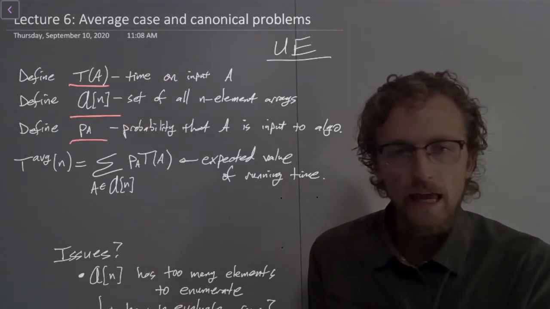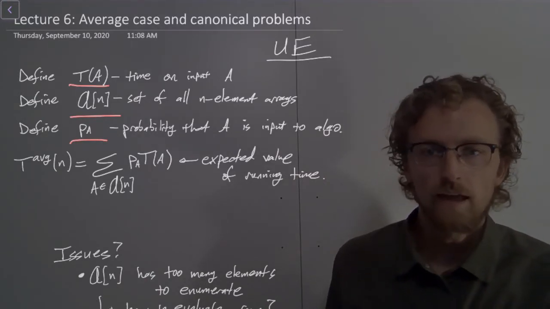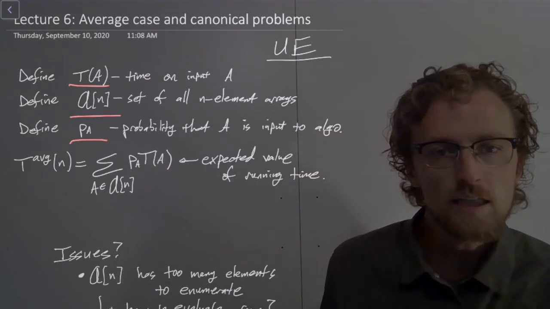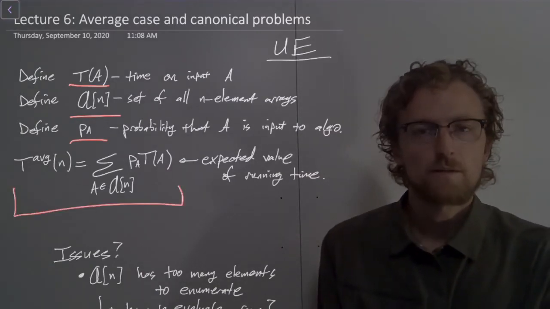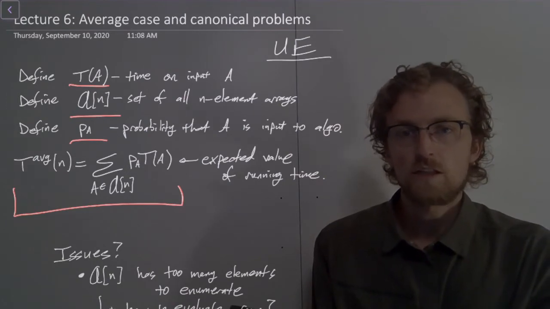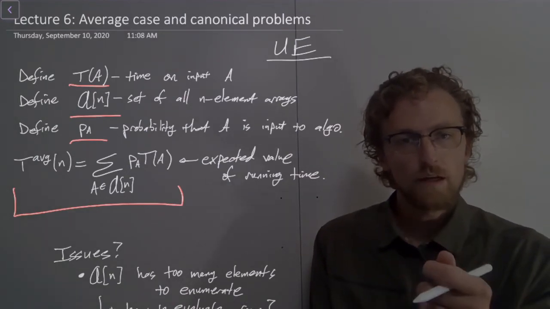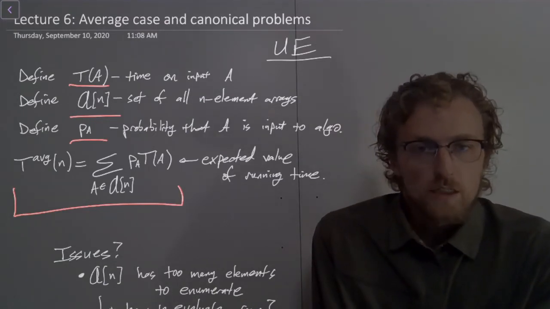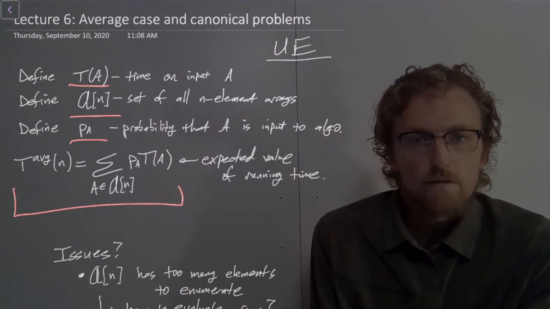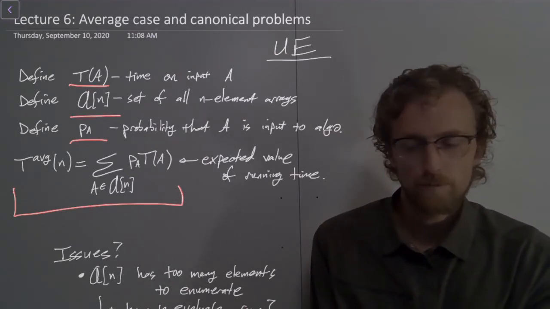P sub A is the probability that array A is the input to the algorithm. And then our average case running time is this: we sum over all possible inputs the running time of that input times the probability of that input. And that gives us the expected value of the running time given the statistics we know about the inputs.